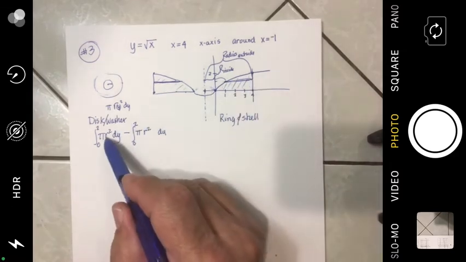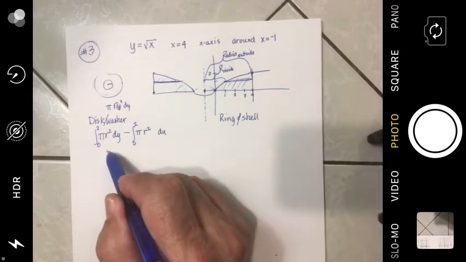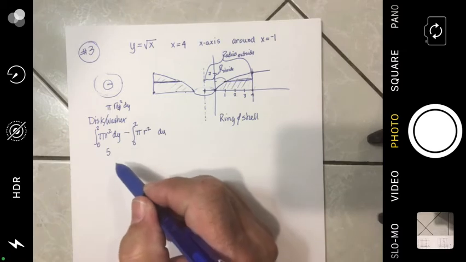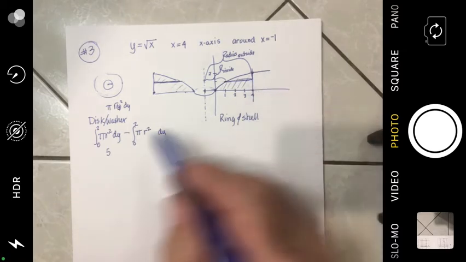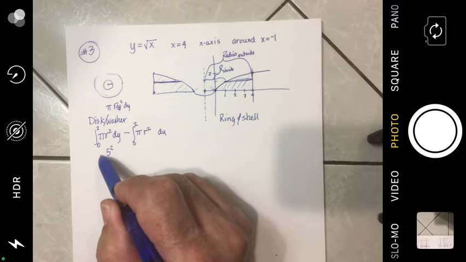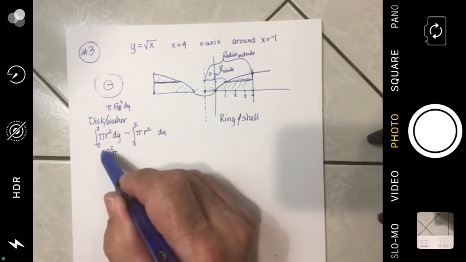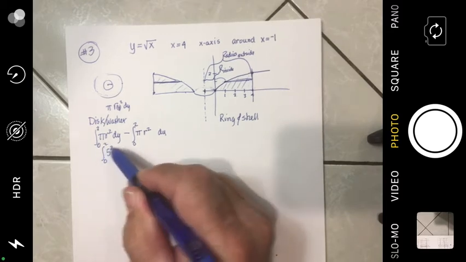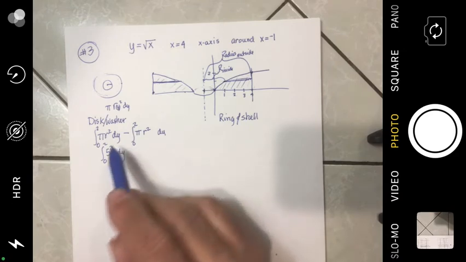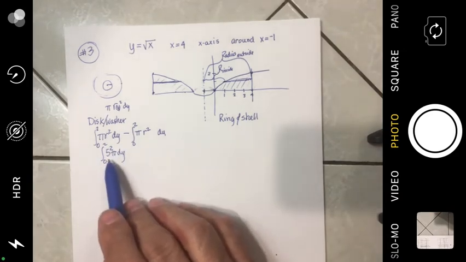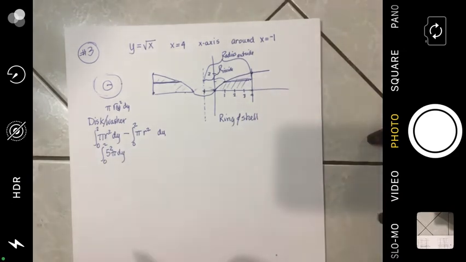So the outside radius on this one is 5. No need for a variable because it's always the same. So it's going to be 5 squared times pi, evaluated from 0 to 2, dy. So I don't need any y's in here. That radius is staying the same.